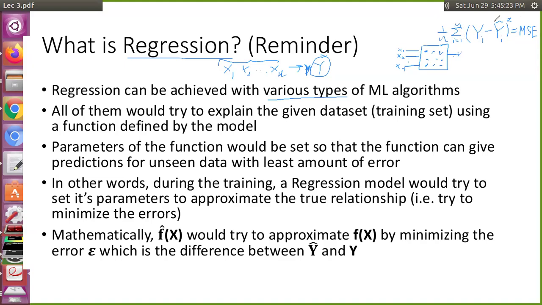That means we get the predicted values for all the data points on the training set, and we subtract them from the ground truth value in the labels, right? So then we take the square so that we will not have negative values, and then we take the average. That means we add all the values and divide by the number of data points so that you will get the mean square of errors.